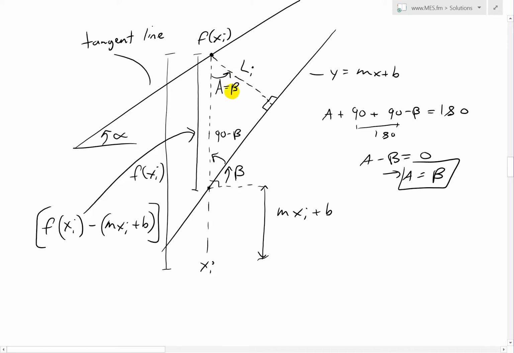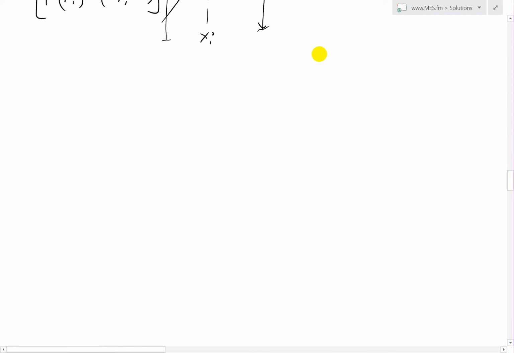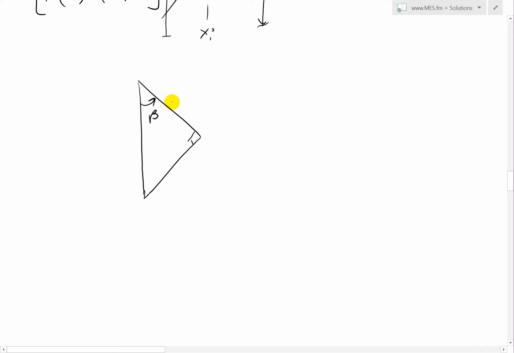So we could use the cosine of this. So what we end up having is a triangle that looks like this, a right angle triangle that goes down like that, where this angle is beta, this is our Li, and this part right here is f of xi minus m xi plus b. So since we have this, it's just using cosine now.